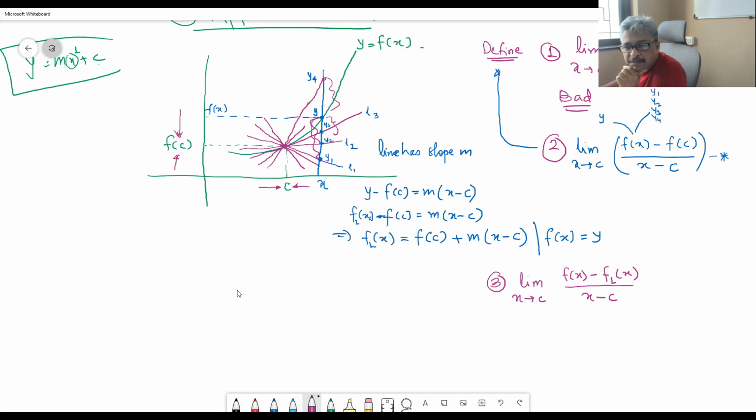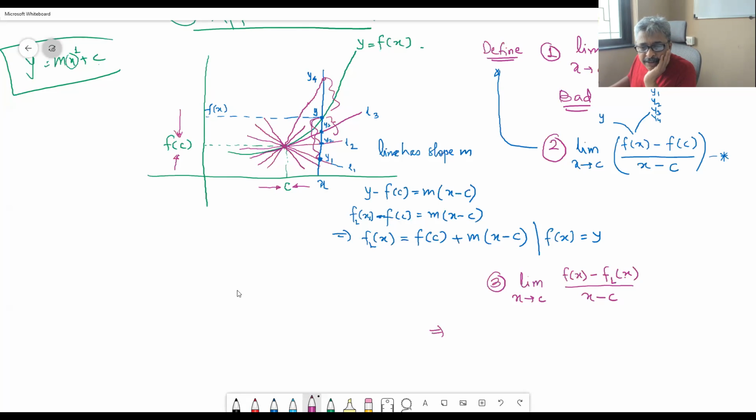When will this difference tend to minimum? Presently, I have drawn line 3 as a tangent, so y3 seems to be the minimum, and y3 is intersecting this particular curve also at only one point. So suppose I take this as a definition, then what do I get?